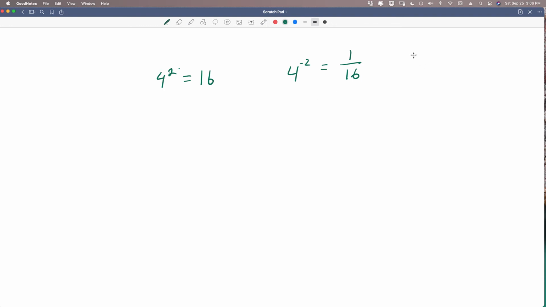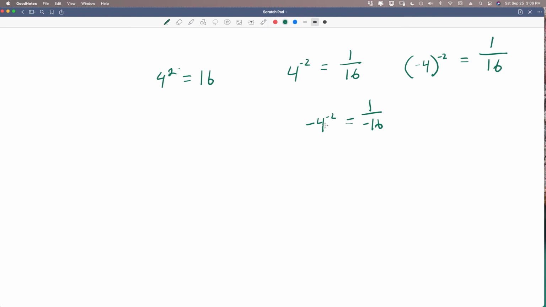And we know that if we have this, then we have this. We also know that if we have this, then we have this. Because the negative has to be enclosed in parentheses in order to be included in the square.